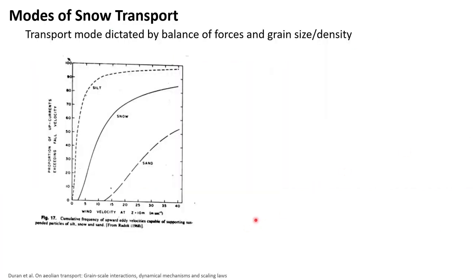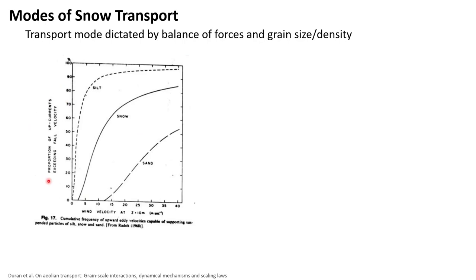So the transport mode is dictated by a balance of a variety of forces, but it also is a function of the size and the density of the individual snow grains. And this is an old figure, but a really important one that shows wind velocity down here at 10 meters. We have 3 different types of particles, so sand, snow, and silt. Silt being the very small grain, snow sort of being in the middle, and sand being these larger grains.